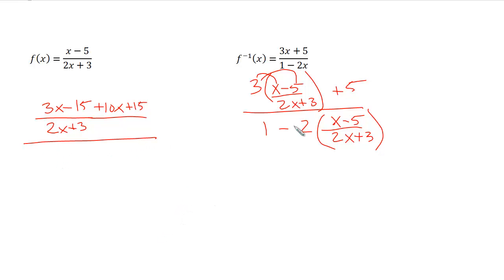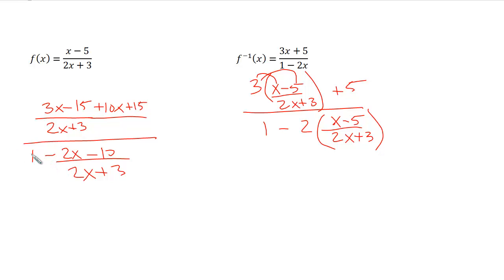And then this is over, and I'll distribute this through, 1 minus 2 times x, and then 2 times negative 5. And this is over 2x plus 3.